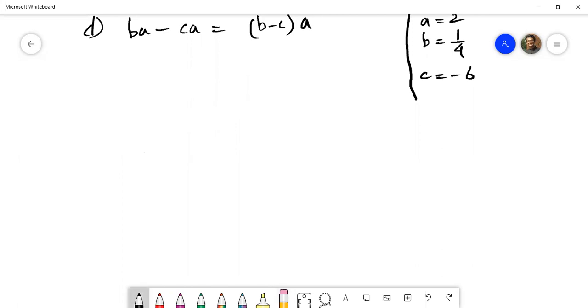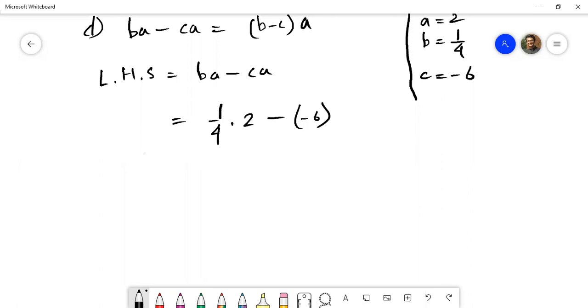And you have to put left-hand side BA minus CA. From the right side, you can see B equals 1 by 4. So putting the values of B and A and C, A is 2, C is -6, and A is 2. So what you get is, simplify, 1 by 2 plus 6 times 2 are 12.